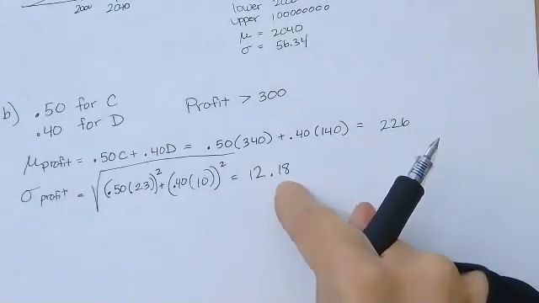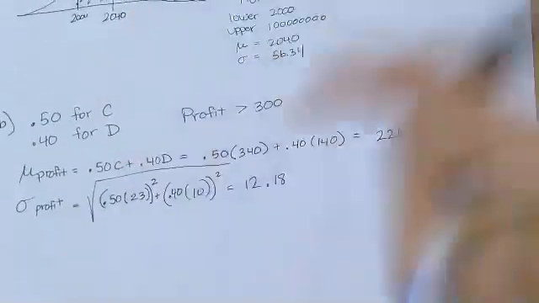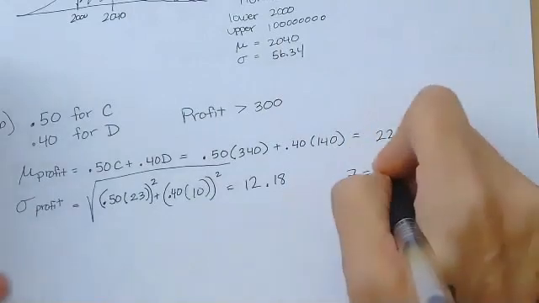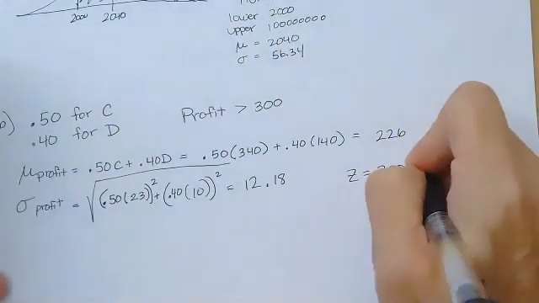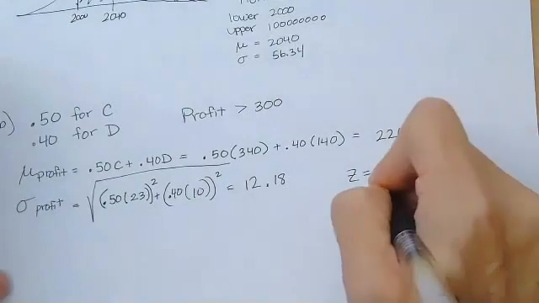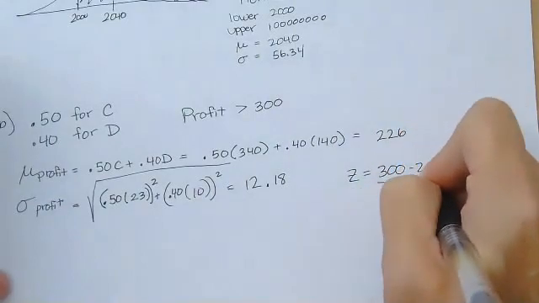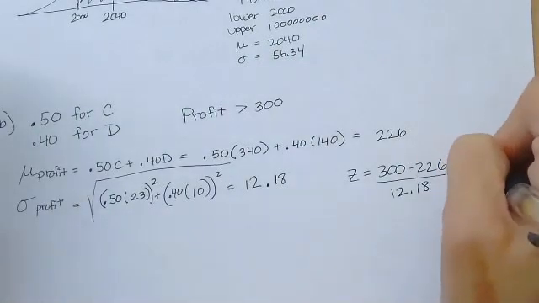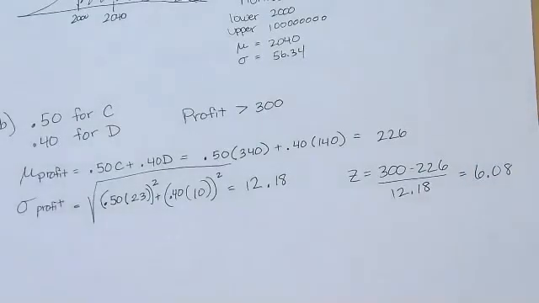So how likely is that? Well, you can put it on a graph and find the probability, but I could also calculate a z-score here. You guys remember z-scores, right? So 300 minus 226 divided by my standard deviation. This is a z-score of 6.08.